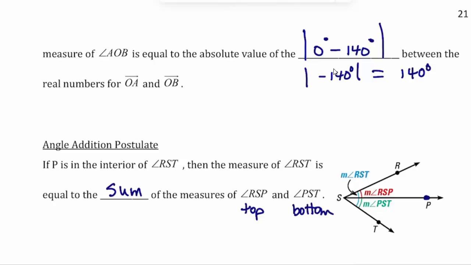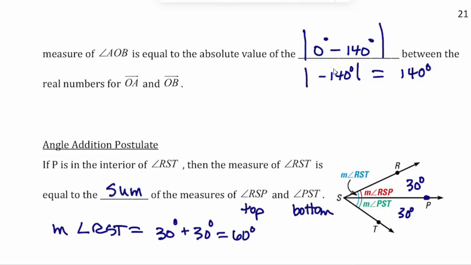Let's say, because I see they're marked equal, that they are both 30 degrees. So the measure of angle RST is going to be 30 from the top plus 30 from the bottom, and that's going to be 60 degrees.